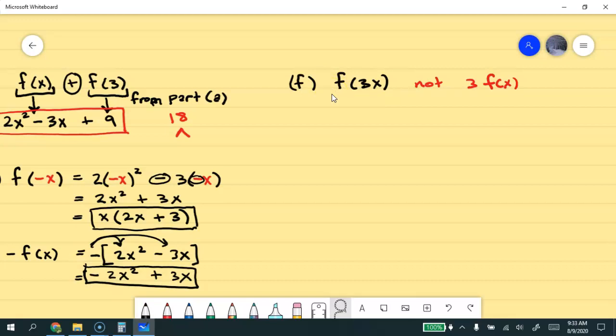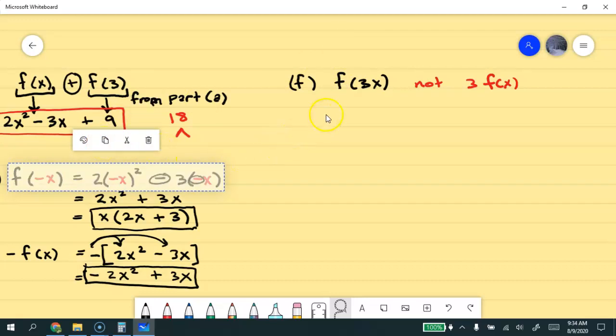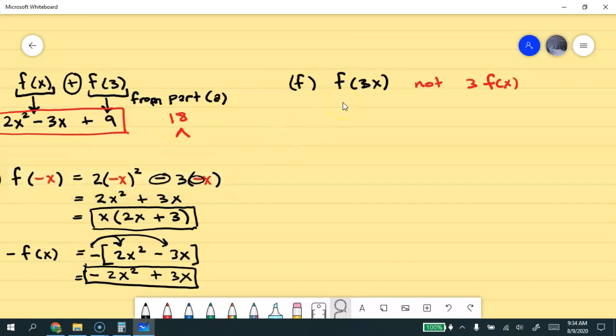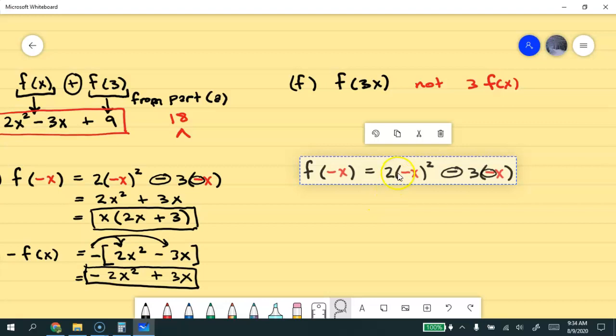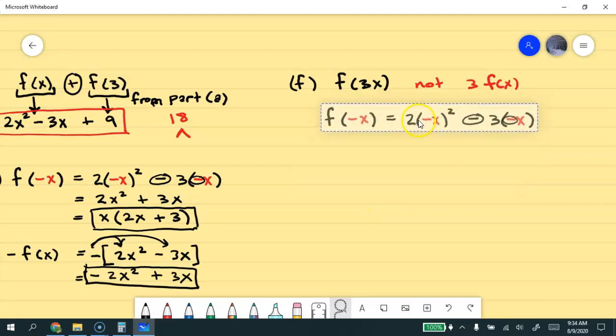So let's try something here. Let's take an old result that we had. Recall when we plugged in a negative x, and let's paste that over here. We have worked with something like this before. We had f of negative x, and we plugged that in, and we got something.